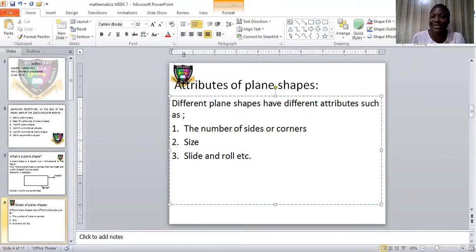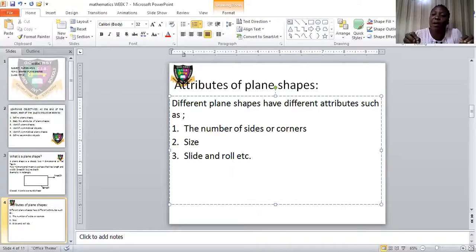Number two, the size. Then number three, slide and roll. Remember I said a flat figure can either slide or roll. So these are the attributes of a plane shape.